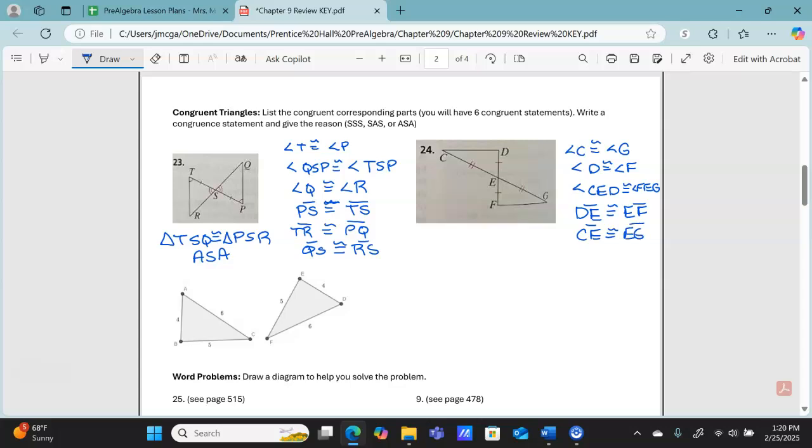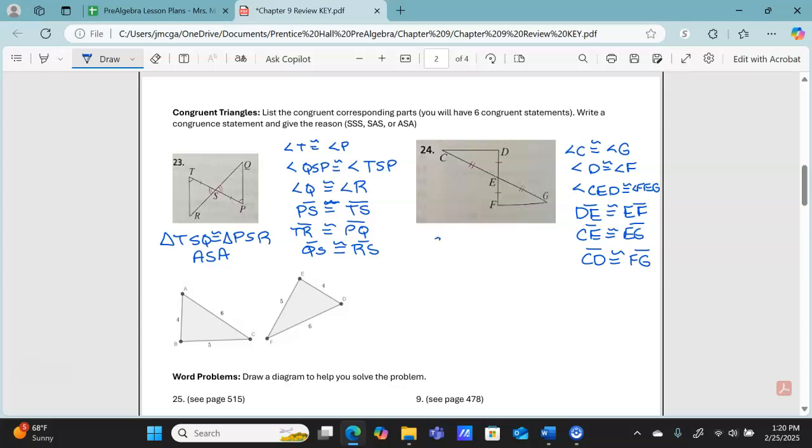And again, notice I've got my segment symbol here. And then that means that CD is congruent to FG. And on any of these segments, you can flip-flop the order of the letters, and that's fine.